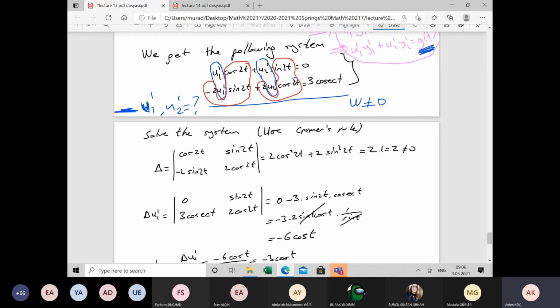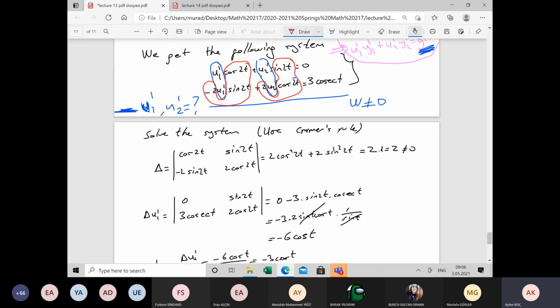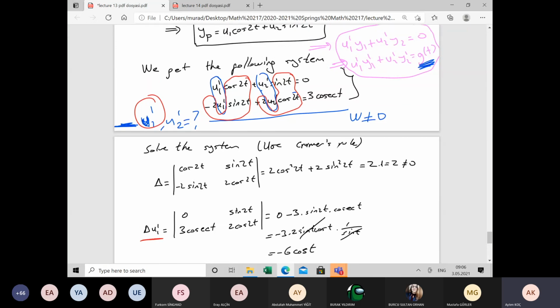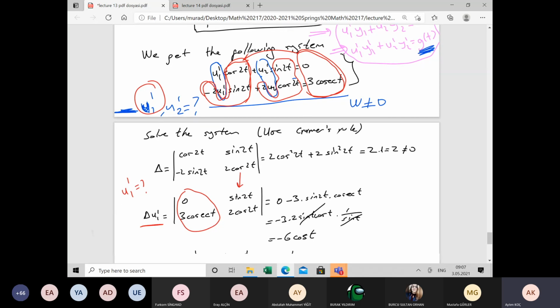Next, our aim is to find the first unknown, U1 prime, so we have to compute delta U1 prime. How do we find this determinant? For U1 prime, the right hand side replaces the coefficients of U1 prime, so it becomes the first column, and the second column stays the same.